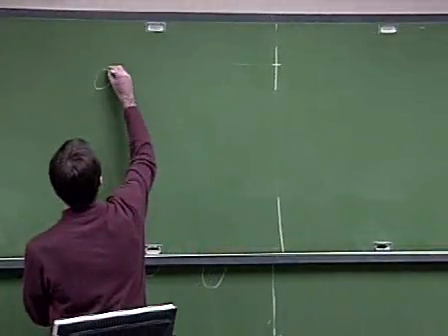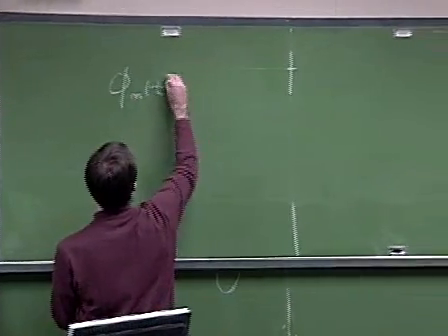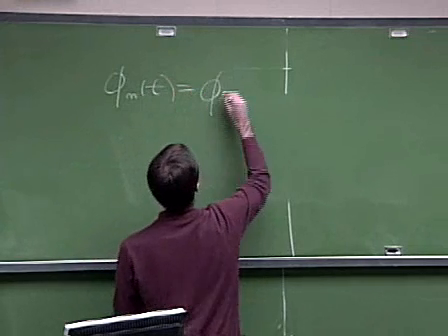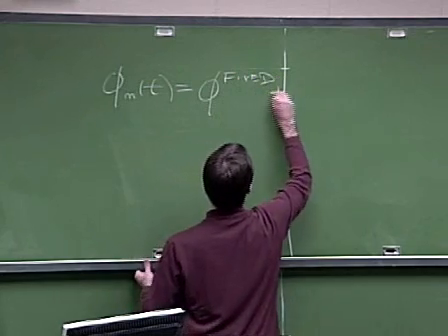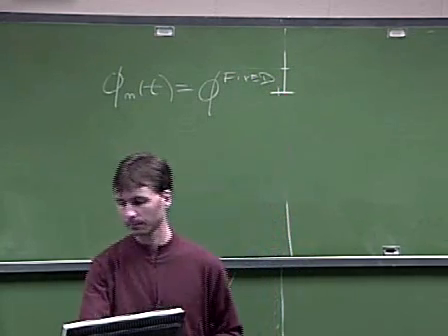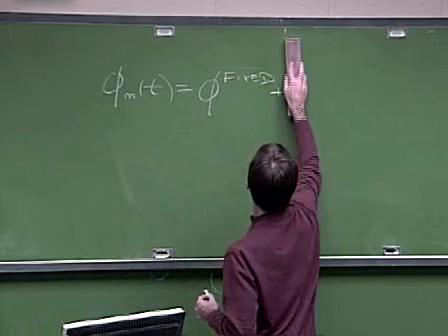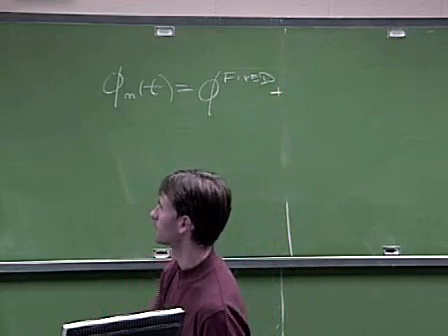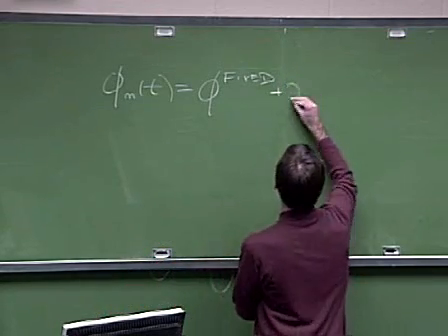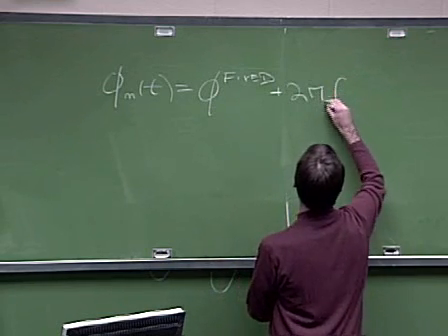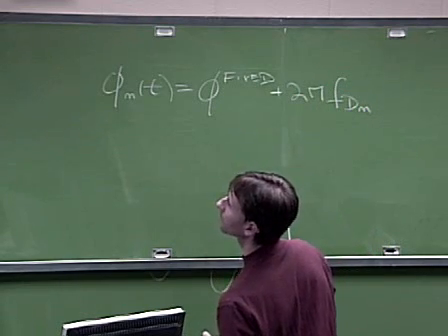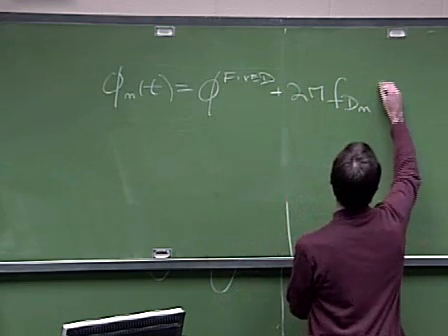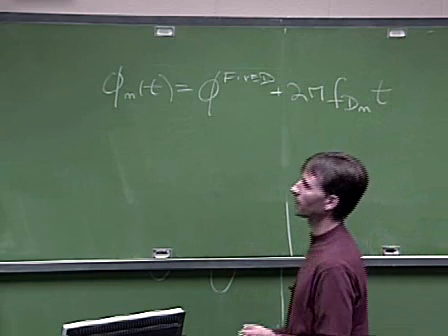So let's write this down. Phi n of t is equal to phi fixed plus 2 pi times the Doppler of n times t. Okay.